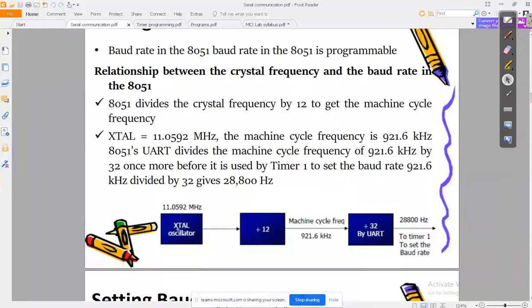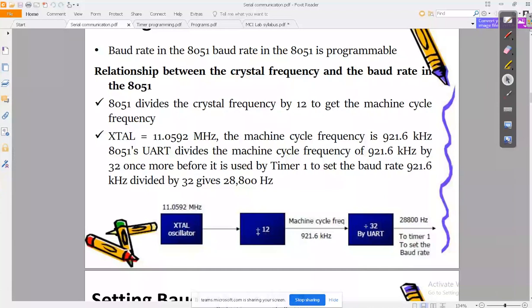So you know that our crystal oscillator is there. Crystal oscillator, how much frequency? You know that it is a 11.0592 megahertz frequency. If we want to convert this crystal oscillator frequency to machine cycle frequency, what do you have to do?